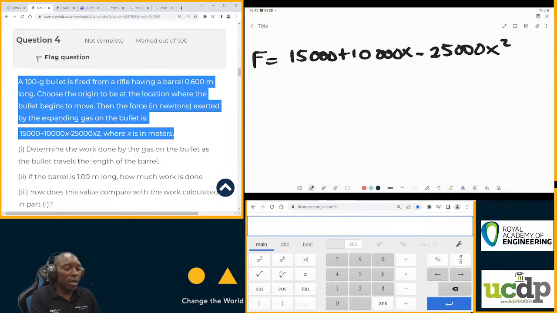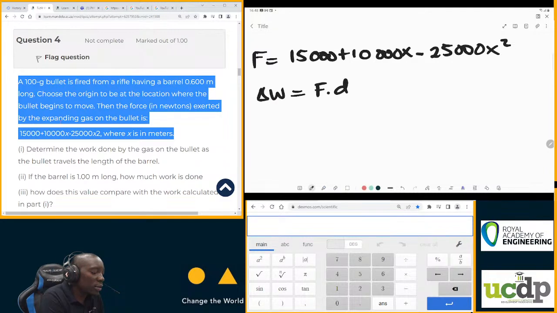So what is work in this case? We generally give work as F dx, F times dx. So what do you think we do with such a question?